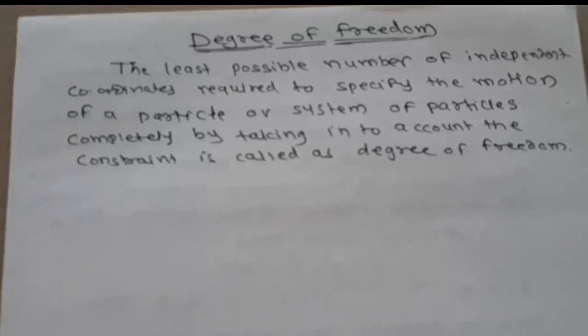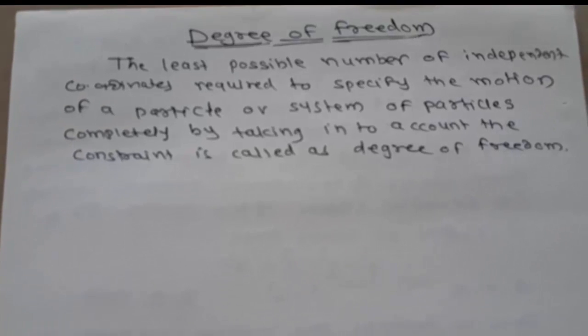That means the least possible number of independent coordinates required to specify the motion of a particle or a system of particles completely by taking into account the constraints is called as degree of freedom.